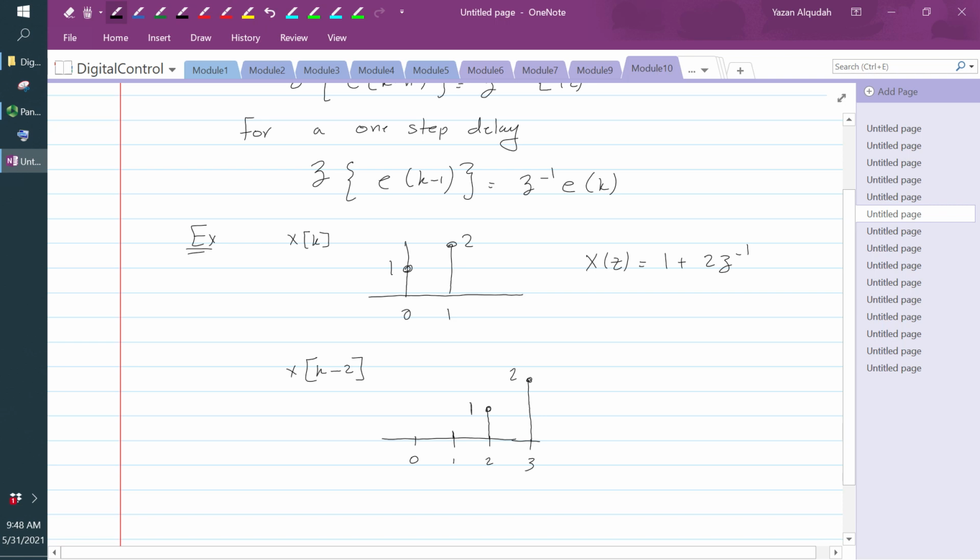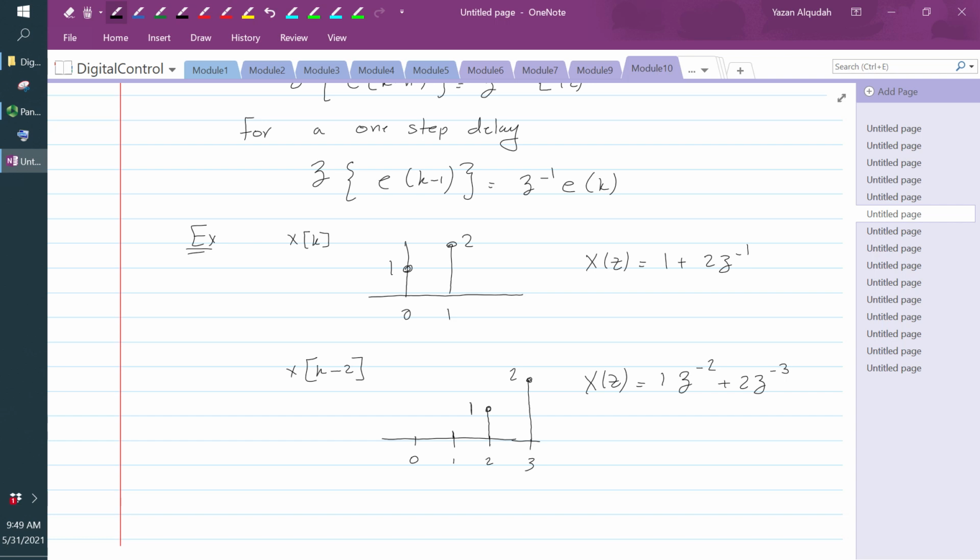What is x of z? According to the definition, x of z is going to equal the 1 multiplied by z to negative 2 plus the 2 multiplied by z to negative 3. Again, this follows directly from the definition of x of z.